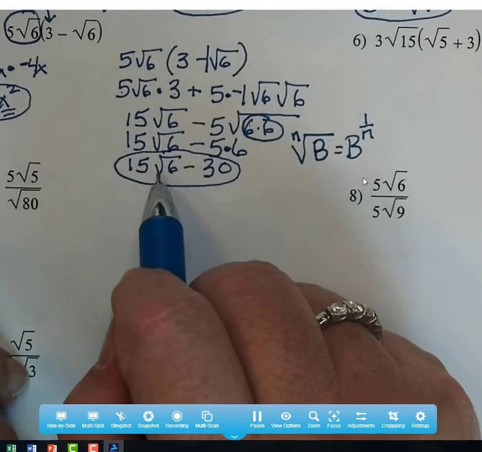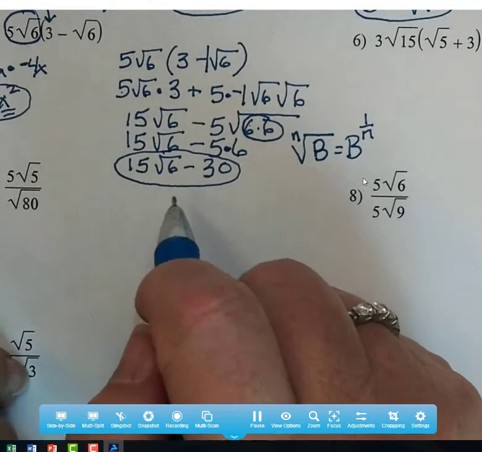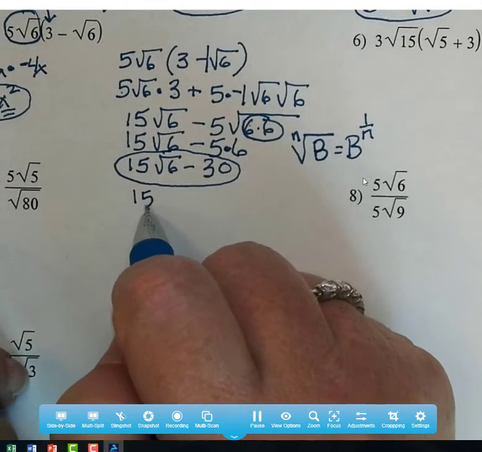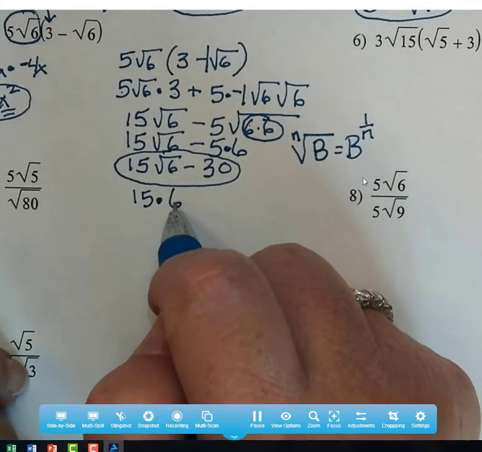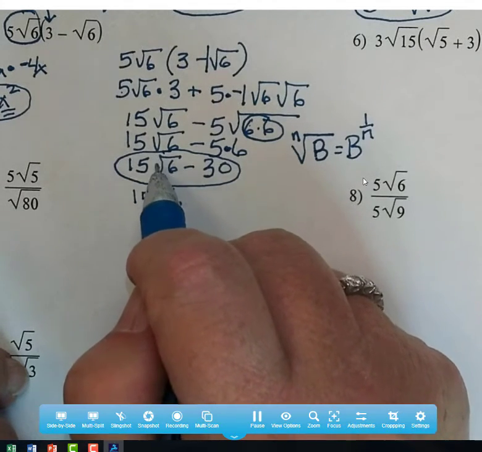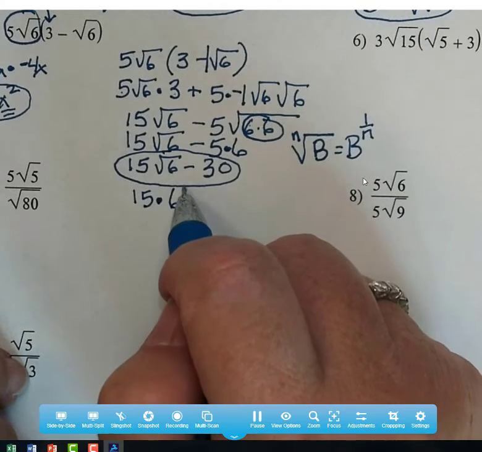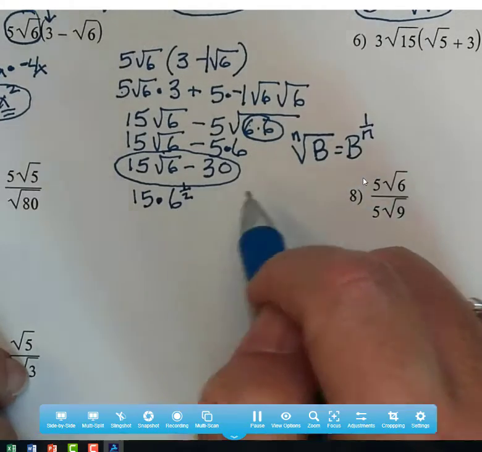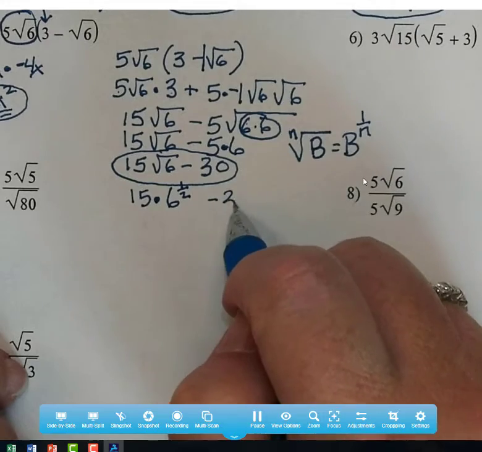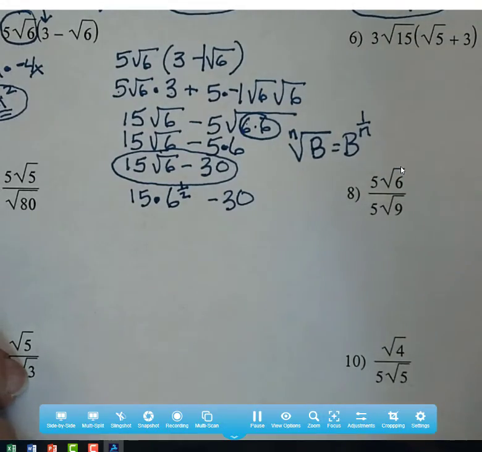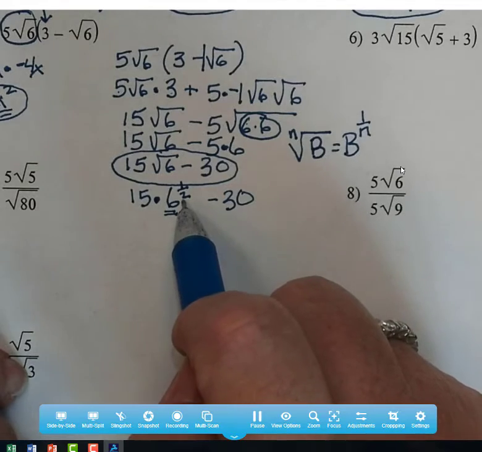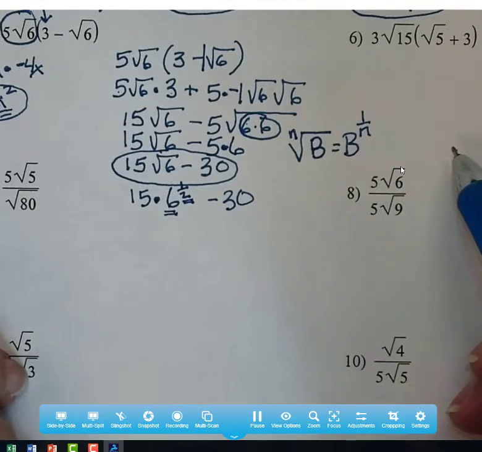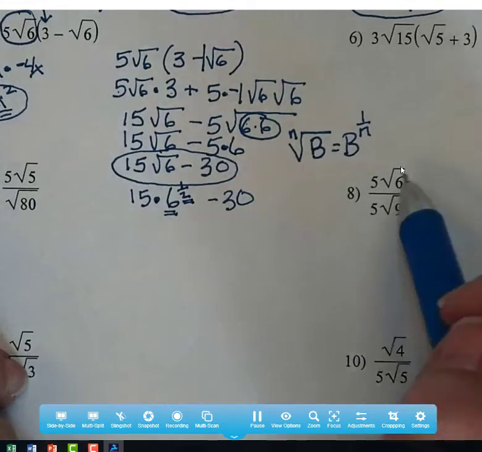So 15 times the square root of 6 can be rewritten as 15 times the base to the 1 over n. Well, n is 2, so I would raise that to the 1/2, minus 30.